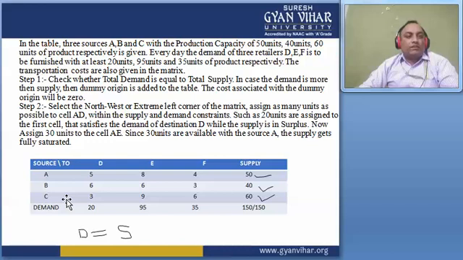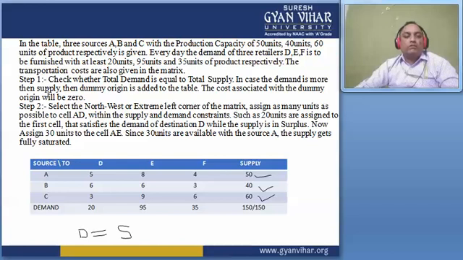In the table, three sources A, B and C with production capacities of 50 units, 40 units and 60 units of product respectively are given, and every day the demand of the three retailers D, E, F is to be furnished with at least 20 units, 95 units and 35 units of the product respectively. The transportation costs are also given in the matrix.